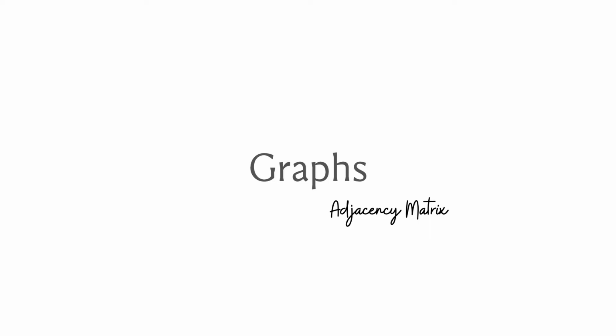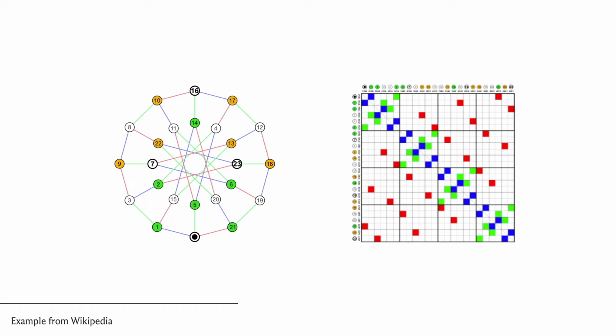Well, a natural way to do this is the so-called adjacency matrix, and this is what this looks like. So this is an n by n matrix, where n is the number of vertices in your graph, and the ijth entry, which is to say the entry in the ith row and the jth column, is a 1 if and only if there is an edge from i to j.